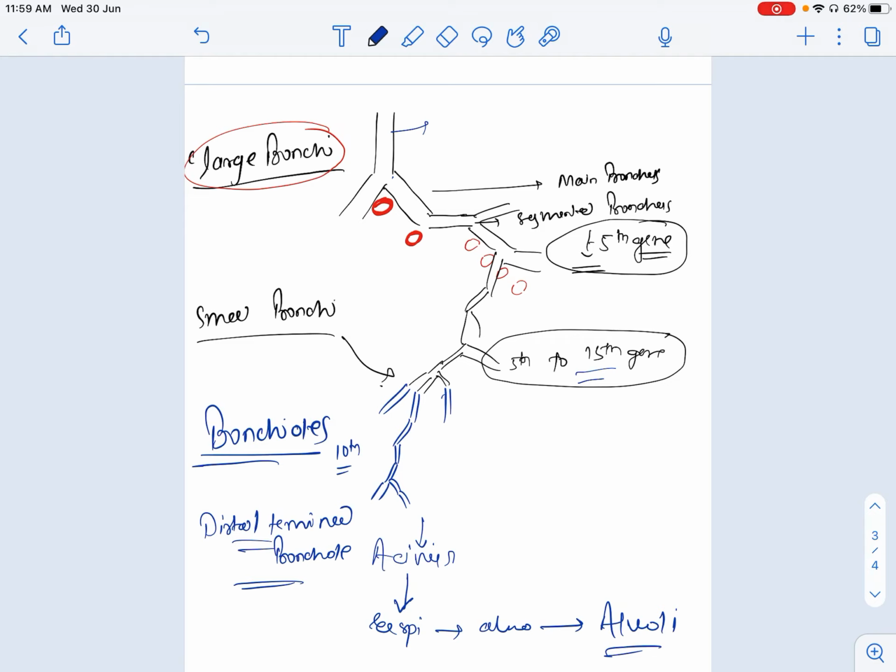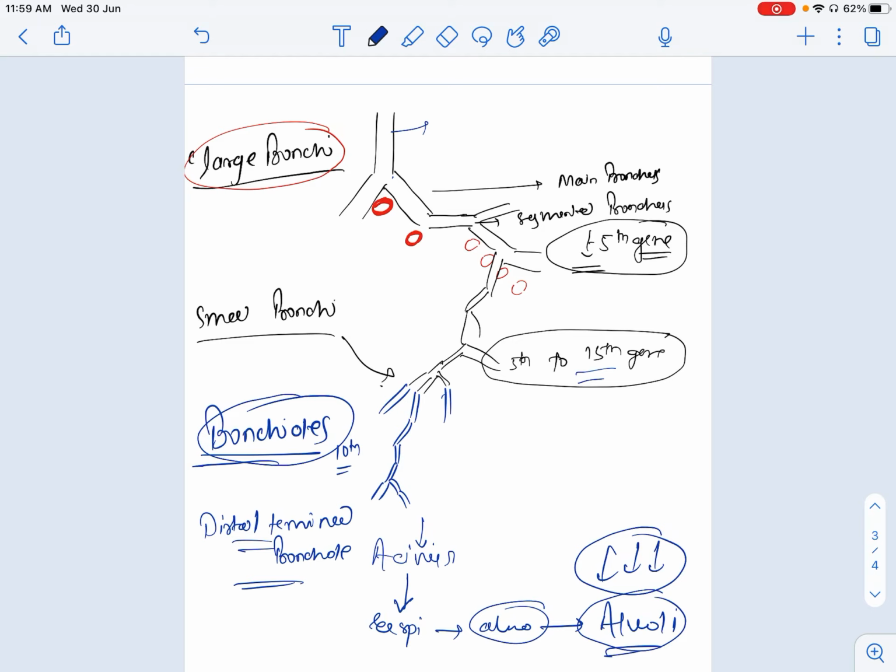From the 15th generation onwards, we get airways which lack cartilage, which we call bronchioles. These divide for 10 more generations, and the 10th generation we call the distal or terminal bronchiole, which continues as acinus, respiratory bronchiole, alveolar duct, and alveoli. It is the alveoli where gaseous exchange occurs.